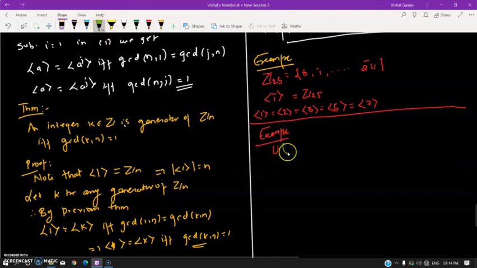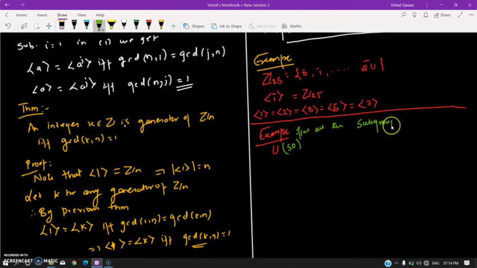So I leave U50: find the generators and find all the subgroups of U50. I'll leave this as an exercise for you.